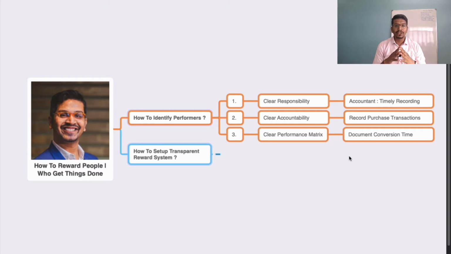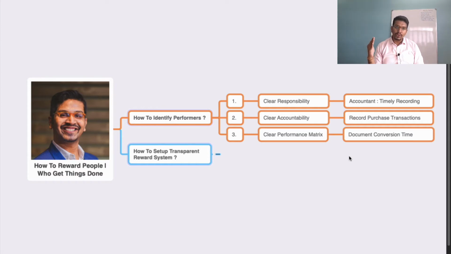Document conversion time is the time an individual takes from converting physical data from a bill into the accounting software. Usually it could take 1 day, 2 days, 3 days, 4 days, 5 days. But I have set up a clear performance matrix saying that we need to update all the bills in 2 days. So the data conversion time should be maximum 2 days.